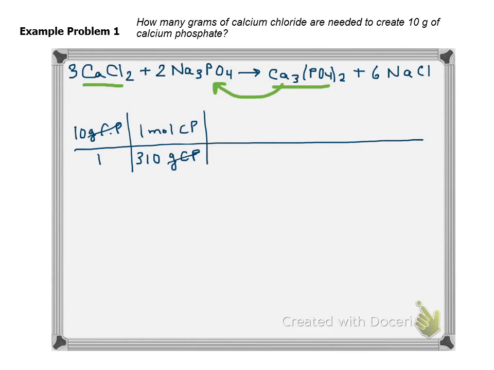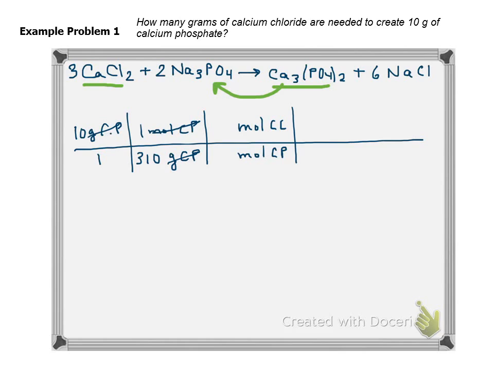We are now in the mole tunnel, and to get to the other side, we're going to use mole ratios yet again. Looking at my problem, I want to cancel out moles of calcium phosphate. So that will be on my denominator this time. And instead, I'm interested in moles of calcium chloride.